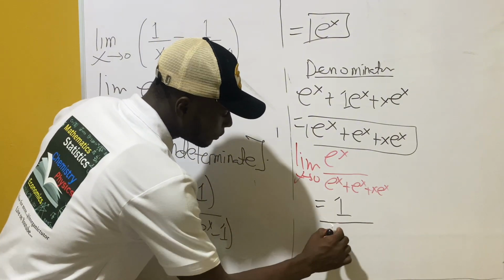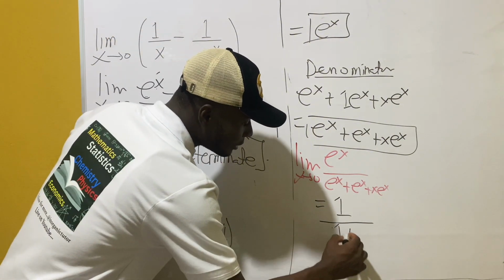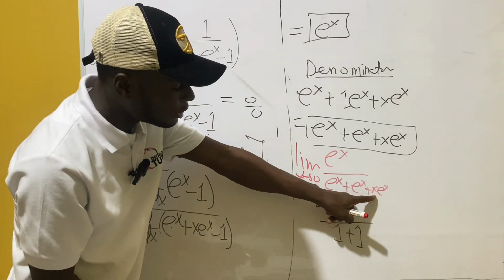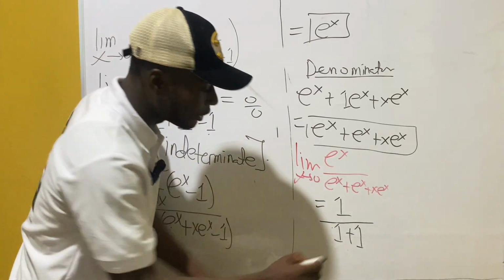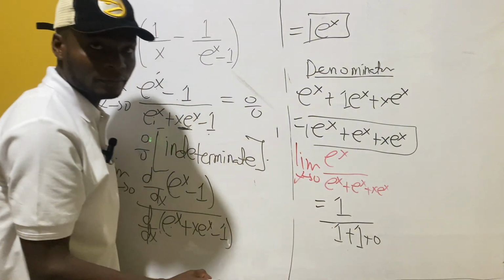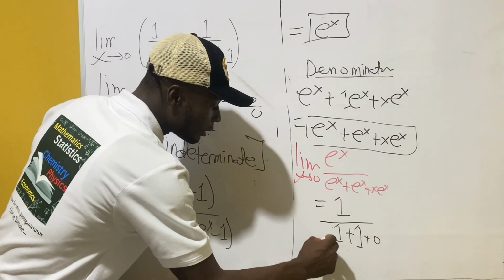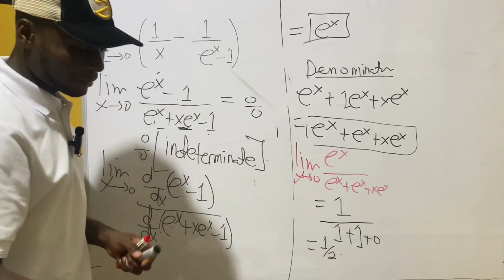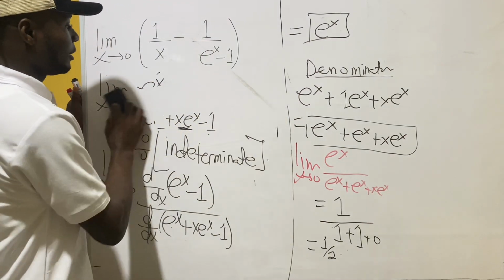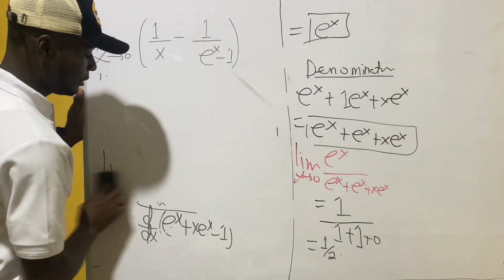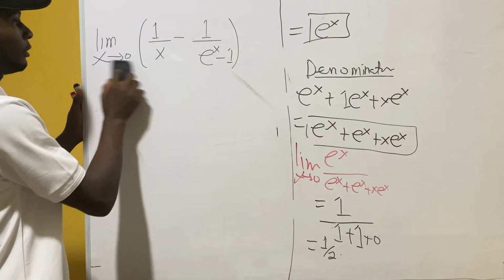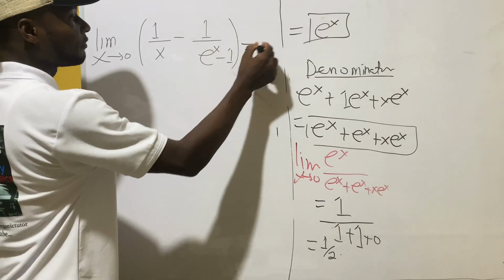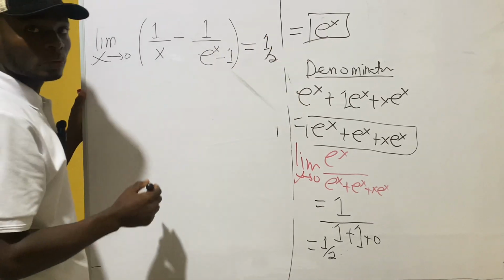In the denominator, e power 0 is 1, plus another 1, then when you apply 0 on the last term, we have plus 0. So we have 1 over 1 plus 1, which is 2. So we can say that the limit of this function is equal to 1 over 2.